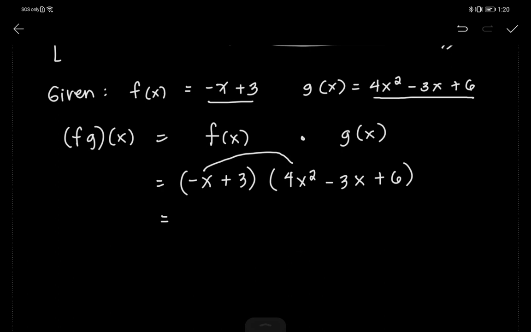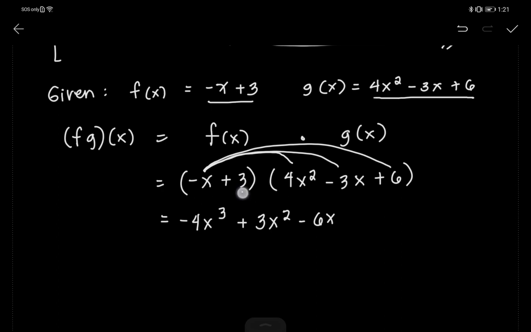So we know this is negative 4x cubed. Negative x times negative 3x, we know that this is equivalent to positive 3x squared. Then negative x times positive 6 is negative 6x. Since we are done distributing the first term, we're going to distribute the second term.